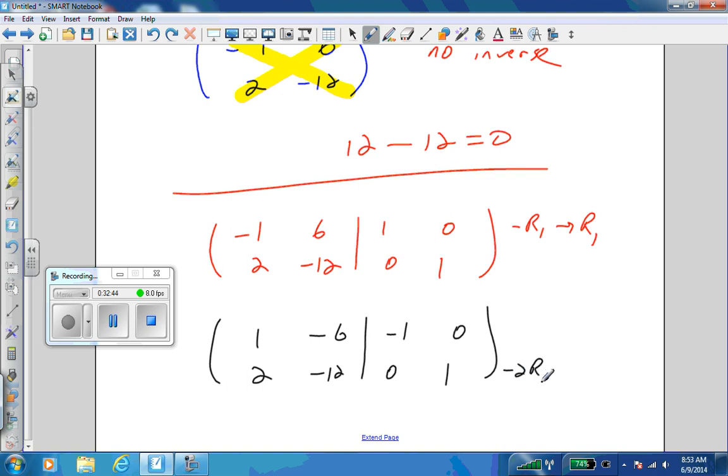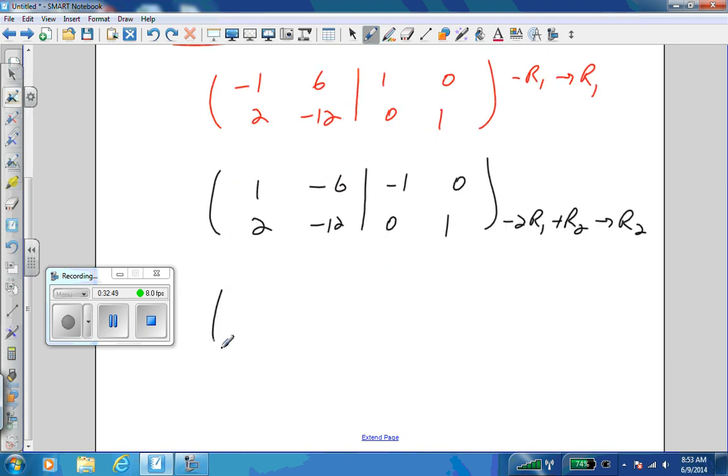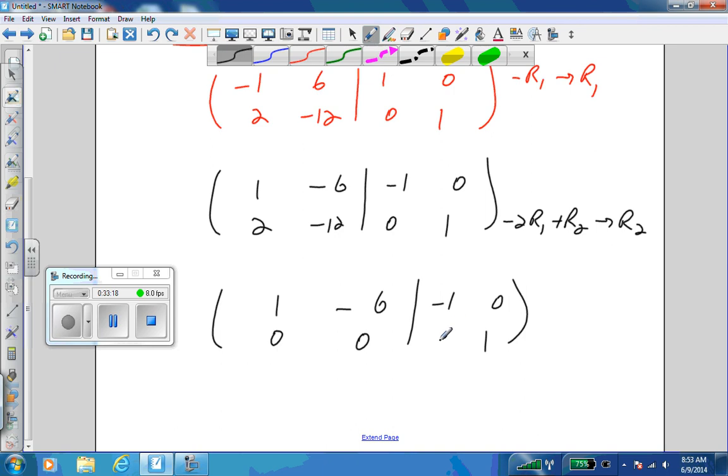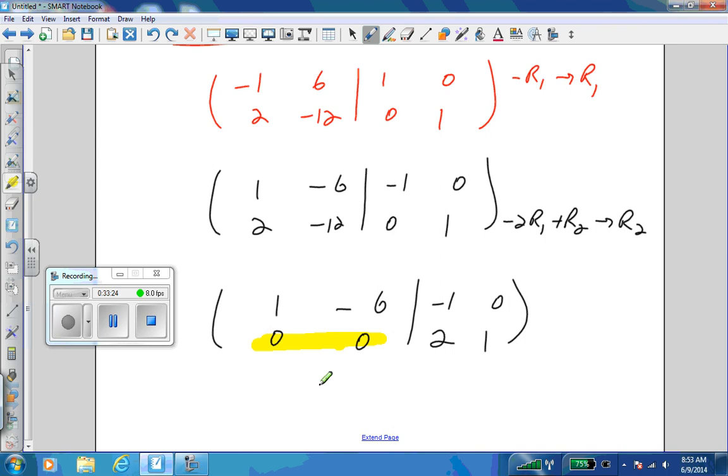So -2 times R1 plus R2 would give us our new R2. So -2 times 1, so -2 plus 2 is 0. -6 times -2 is 12. -2 times this is 2. -2 times that plus that is 1. And I did this wrong here. -1 times -2, that's 2 plus 0. I said it right, I just wrote it wrong. Notice we have a 0 row.